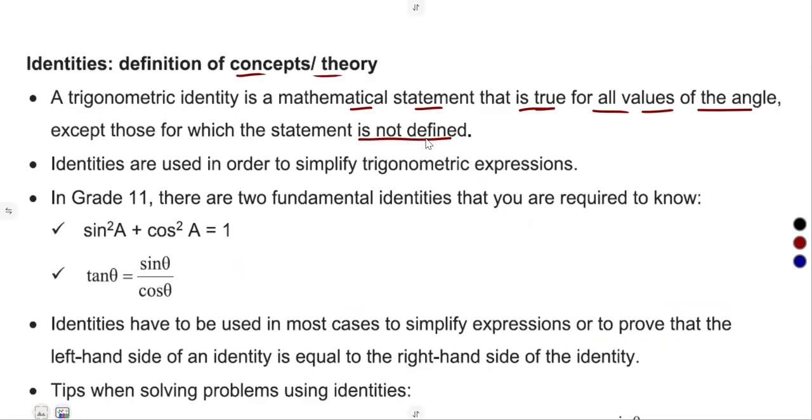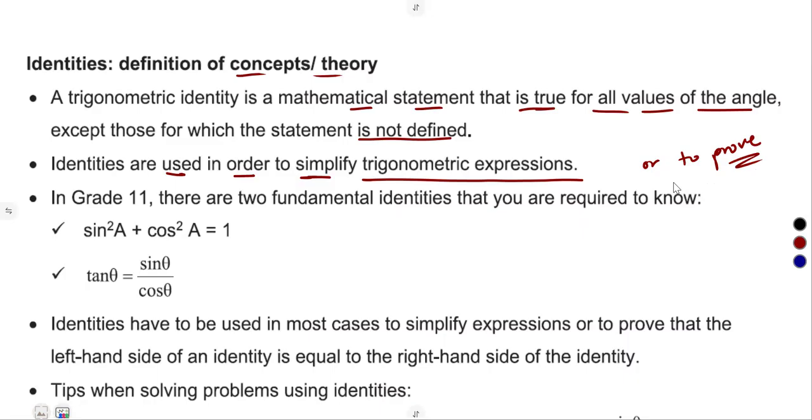So identities are used in order to simplify trigonometric expressions. We can even prove them, not just simplify, but also prove those trigonometric identities, to say the left-hand side is equal to the right-hand side.